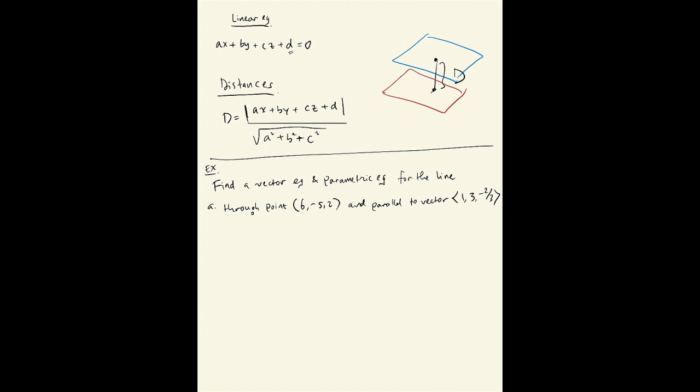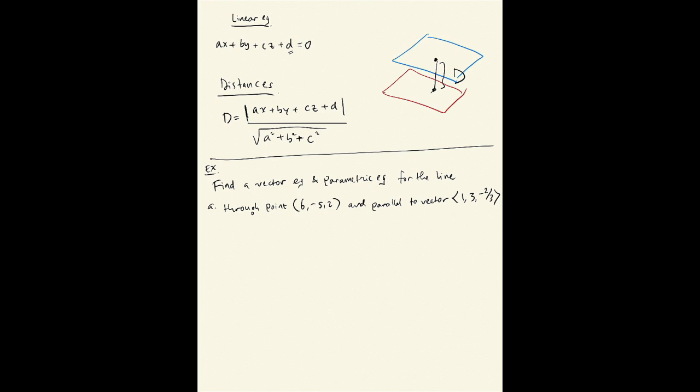First, you have these questions: find the vector equation and parametric equations. I think it's still easy, right? Vector equation means finding the r. r is equal to r0 plus tv, where v is the direction vector.